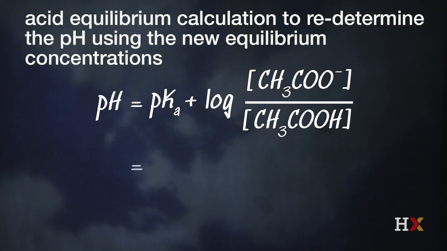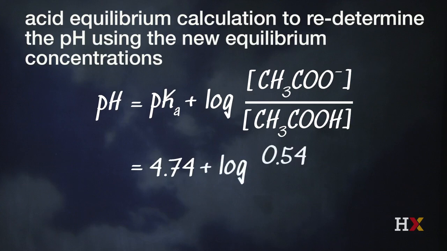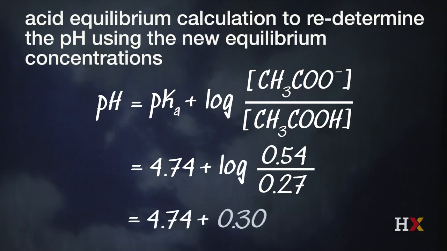We know the pKa of that, that's 4.74, and we've already now gone through the calculation of our new conjugate base concentration and our weak acid, so we can insert those numbers. That's a logarithm of 0.54 divided by 0.27, and when we do that calculation we have 4.74 plus 0.30, and that is equal to 5.04. A small change in pH resulting from now the addition of the acid.